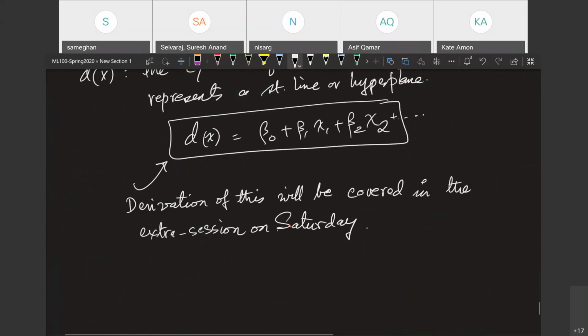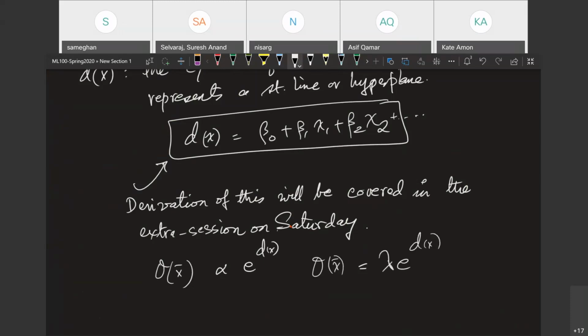Those of you who are not very into it, let's say that we said log odds is proportional to D. Odds is proportional to e to the power D. So odds of x, to your point, is very simple to see, is equal to some proportionality constant times e to the D of x, isn't it?